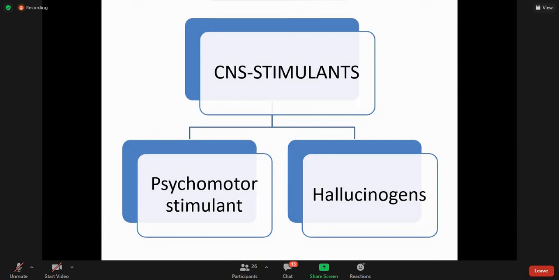So this MDMA, basically methylene dioxymethamphetamine, which is also called ecstasy, is being used commonly in different nightclubs.